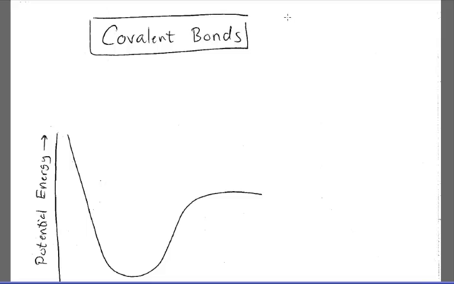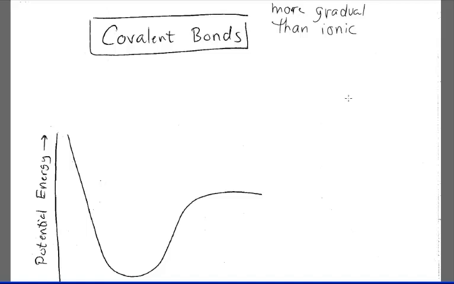We're going to talk about covalent bonds now, which, in contrast to ionic bonds, are a much more gradual encounter. So the ionic bond is an attraction of a positive cation with a negative anion, and in covalent bonds it's still about attraction of positives and negatives, but the electrons are shared in this case, so it's much more gradual.